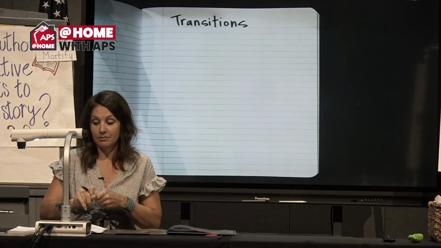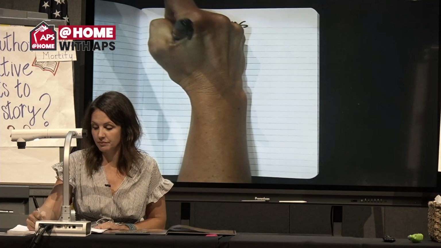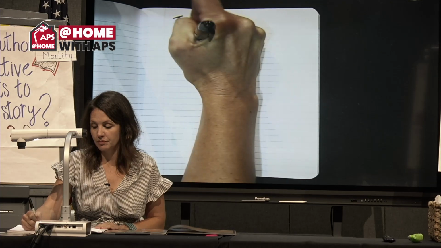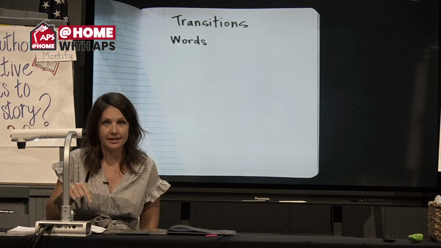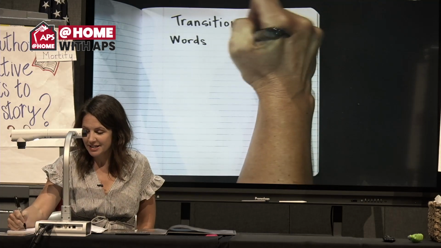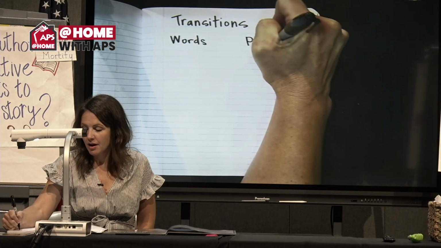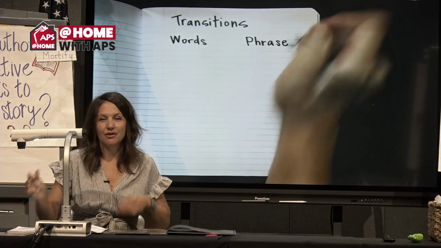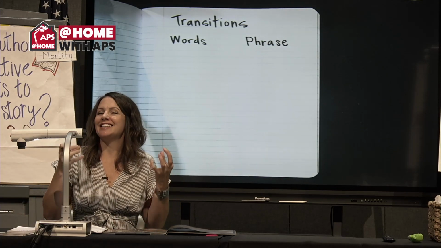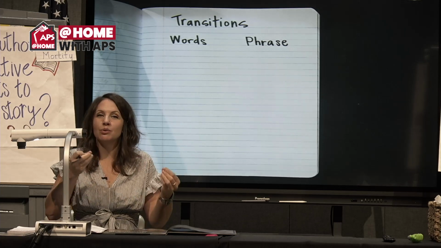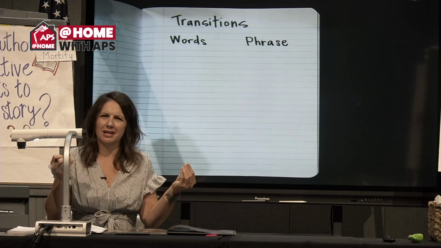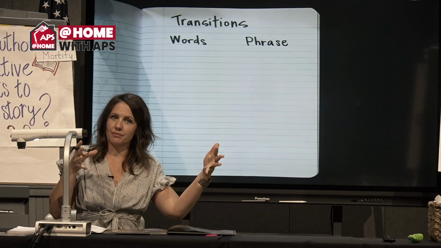Transitions can be words. Transitions can also be phrases. Phrases are a set of words together. They're not a sentence, but it can be 2 words, 3 words, 4 words, maybe even 5 words together.